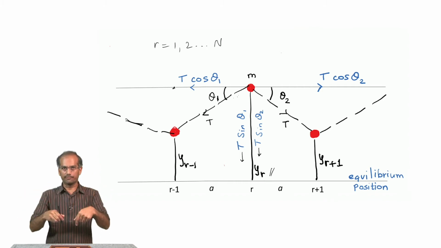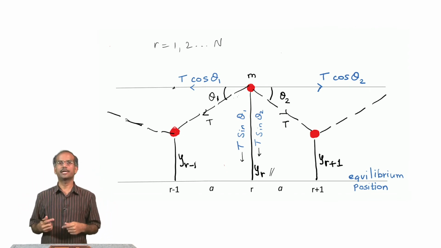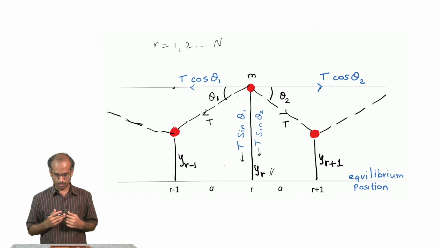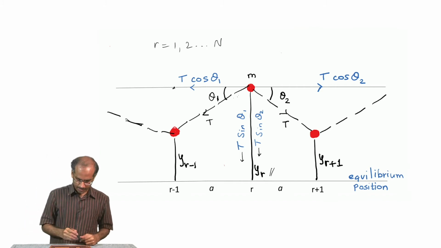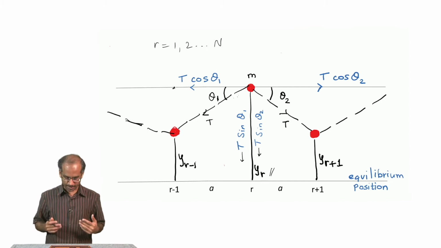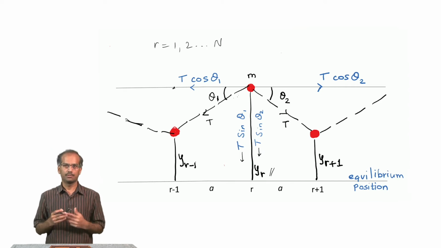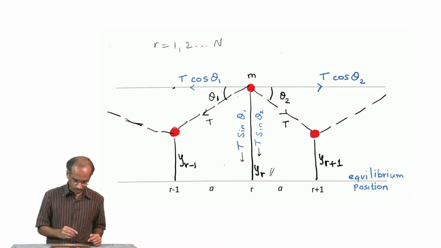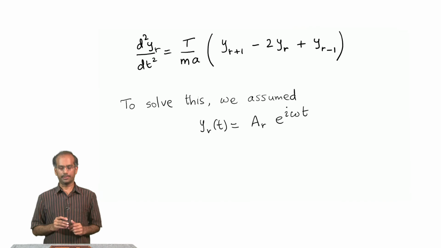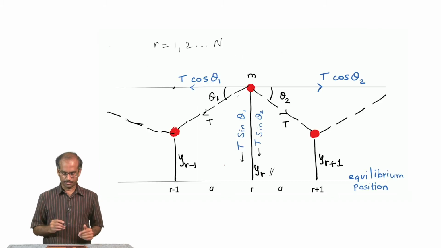There is a net vertical component directed downwards, which is T sin theta 1 and T sin theta 2. They add up together, and both sin theta 1 and sin theta 2 can be replaced in terms of y r minus 1, y r and y r plus 1, purely from the trigonometry and geometry of this configuration. If you do all that and rearrange the equation, finally you get an equation of motion for this coupled system.